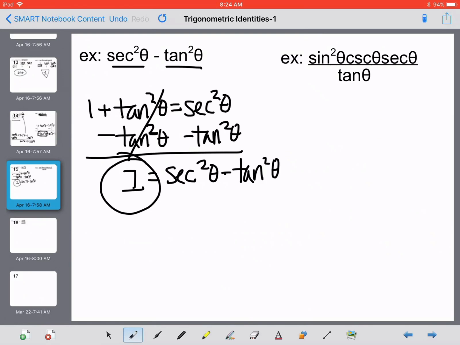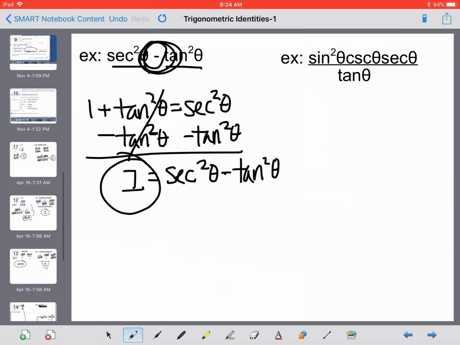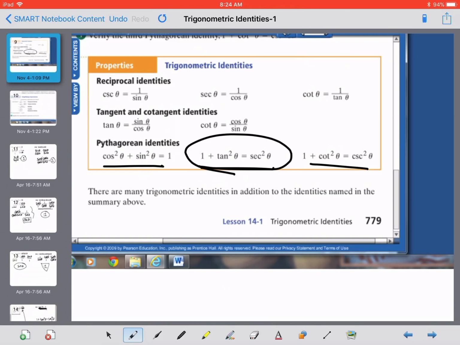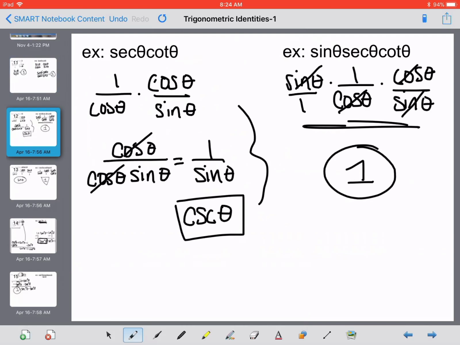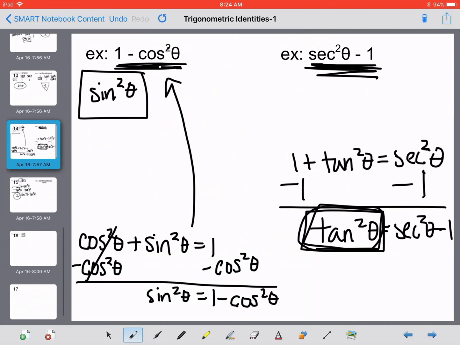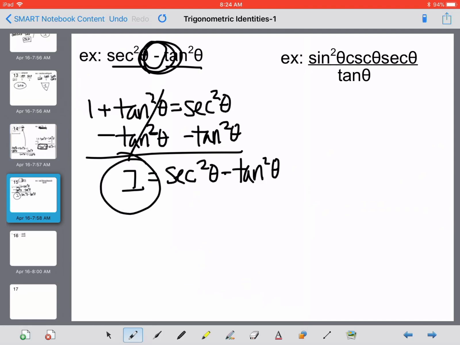Now this example over here, I have a sine squared, but notice I don't have any addition signs or subtraction signs. So that means I'm not going to be using any of these Pythagorean identities. I'm going to go back to the way that we were, like some of these other problems where we just had to simplify. Okay, so that's sine squared. All that means is you've got two sines there.